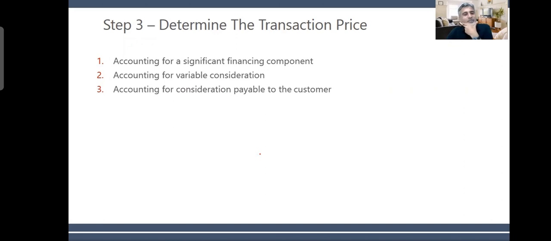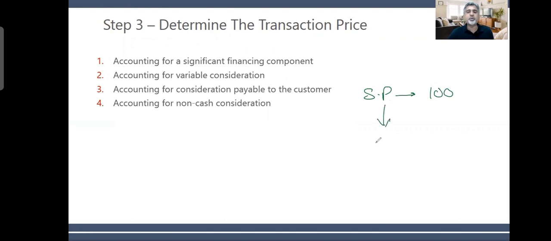Okay. Accounting for consideration payable to the customer. It's the same thing. Accounting for non-cash consideration. Non-cash consideration we will discuss later again. Non-cash consideration means I have some product whose selling price is, I don't know, $100.